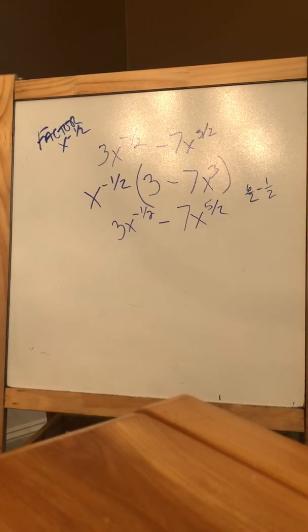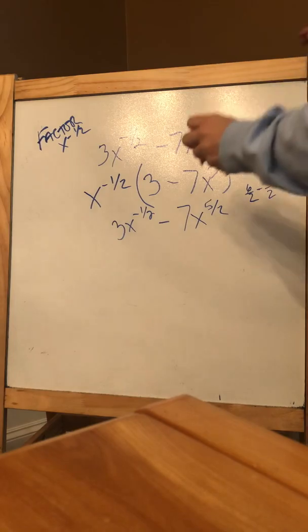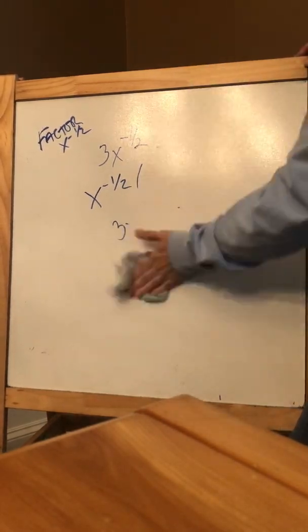Okay, so let's try one. Try practice 6. It says factor x to the negative 1/5 from the following expression. So press pause and try that one, and I'm going to put it up here.